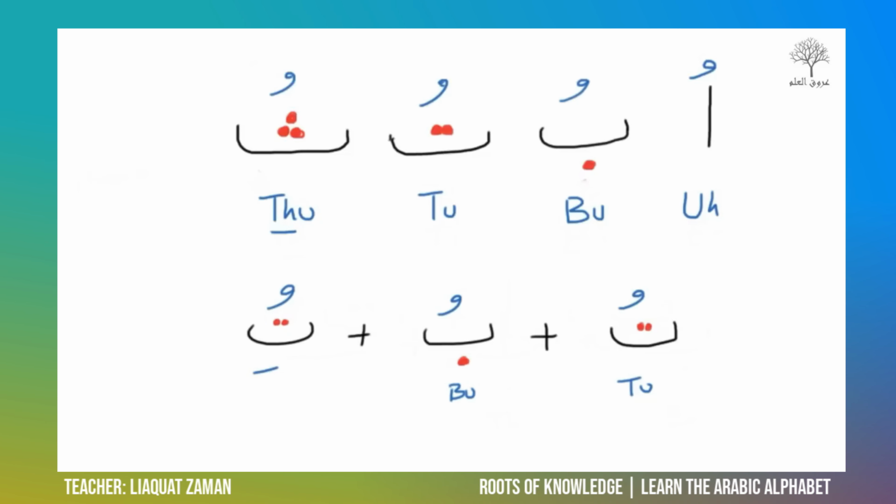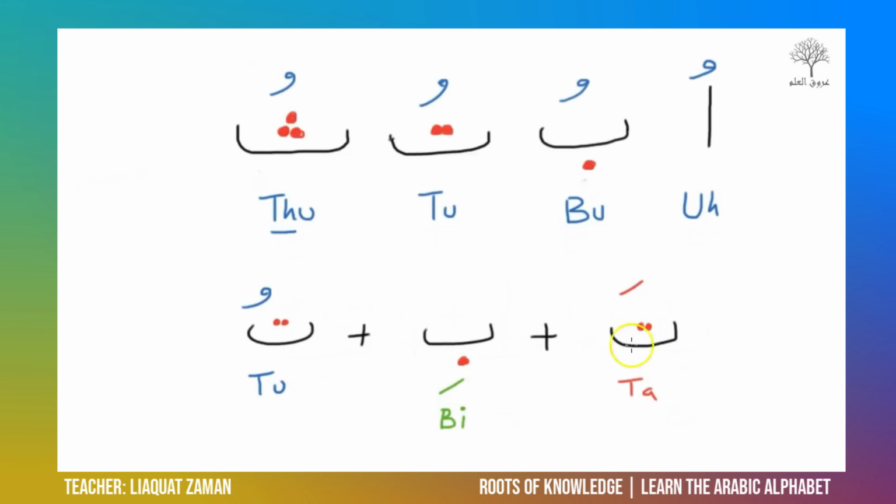Okay, let's have a go at merging what we've learned so far in the past 3 lessons. So this time we have that symbol there, this symbol here, and this symbol here. How are we going to pronounce these? This is going to be ta. This one's going to be bi. And this one's going to be tu.